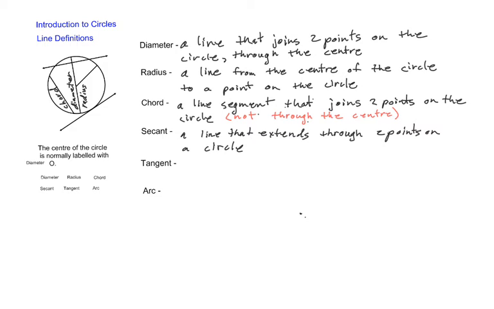When we talk of a tangent, we're talking of a line that just barely sits on the edge of a circle. It just sort of balances. So we're talking about something that looks like this. The true definition of a tangent is a line that just touches the circle at 1 point.